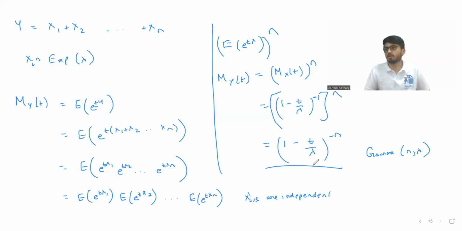Now again, the way to go about it is, in class we have practiced, let's say, 2 or 3 distributions. I will say try to attempt as many distributions as possible which we have covered in chapter 1, the probability distributions chapter, so that you do get a bit familiar with the final results. They are already there in the actual tables, but if you practice it yourselves, it might be easier for you all to recall it.